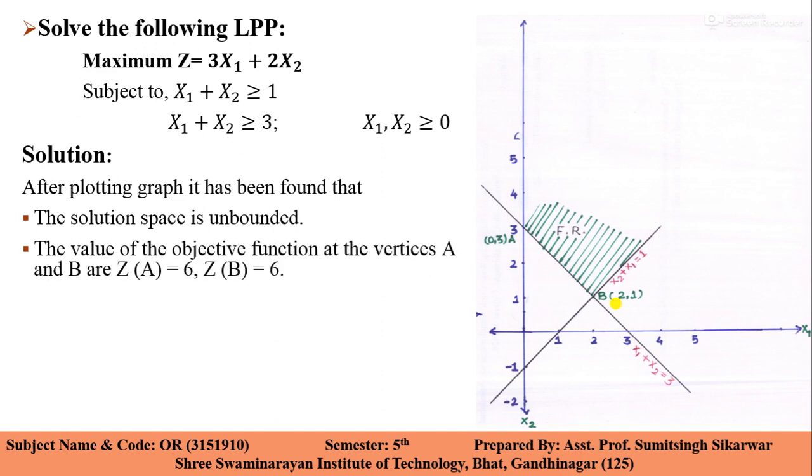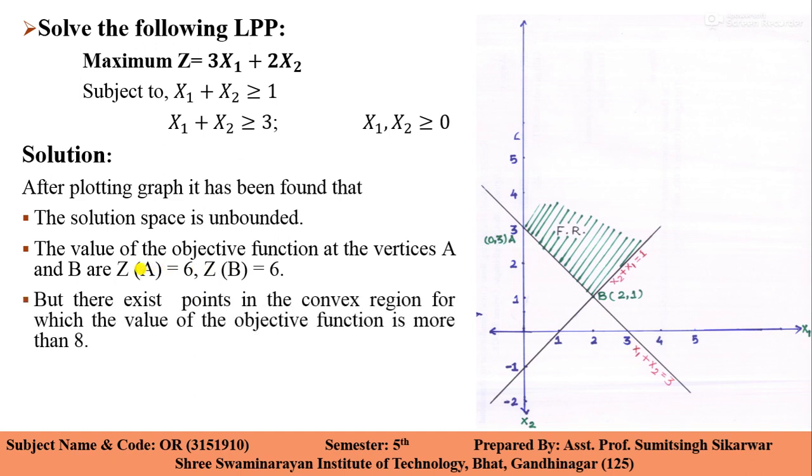The value of the objective function at the vertices A and B is the same, but there exists a point in the convex region for which the value of the objective function is more than 8, which is more than the corner points.